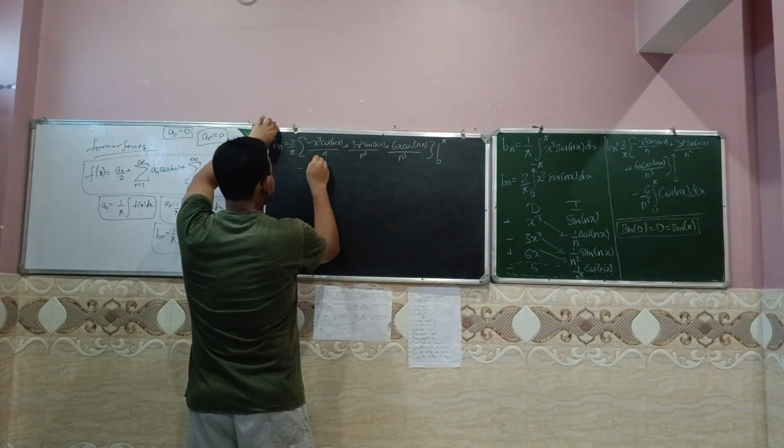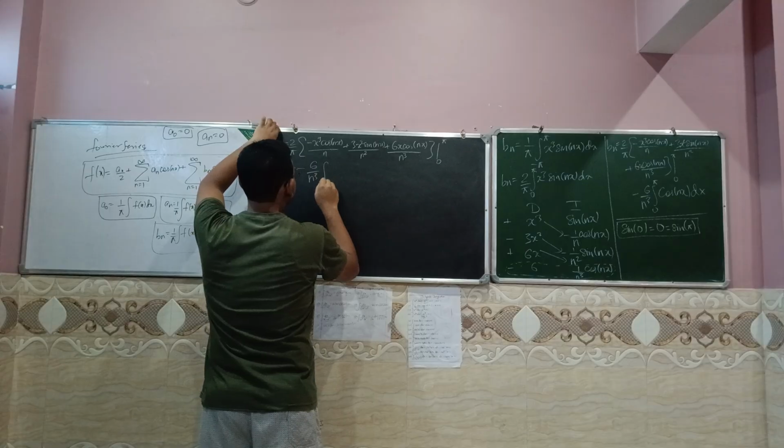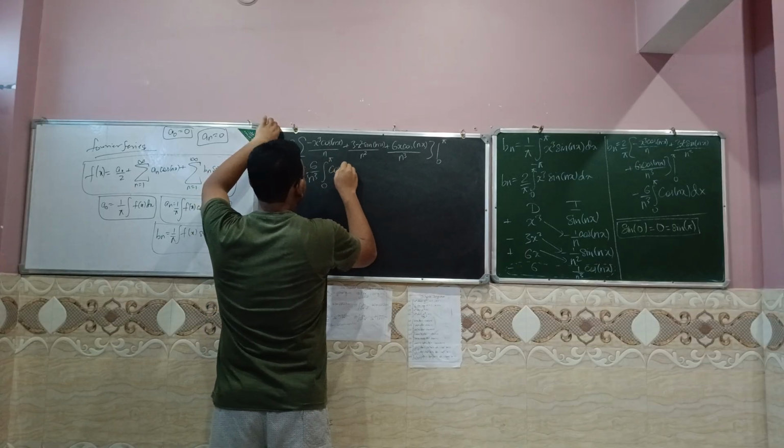So we have negative 6 over n cubed, the integral from 0 to pi of cosine of nx.